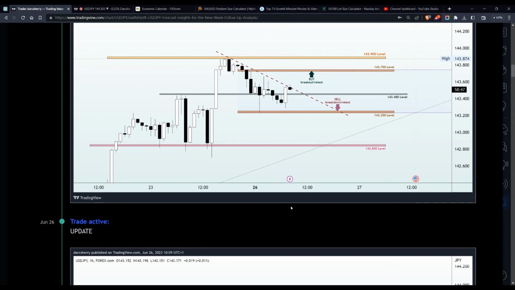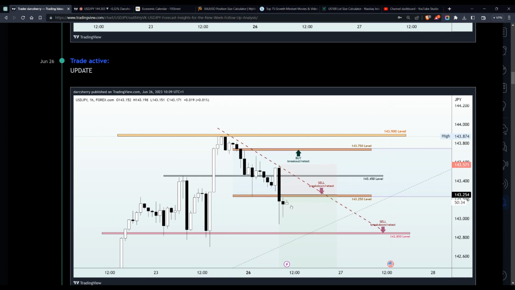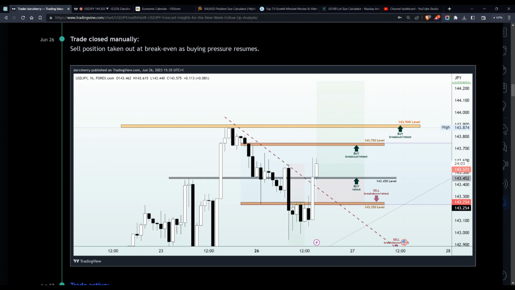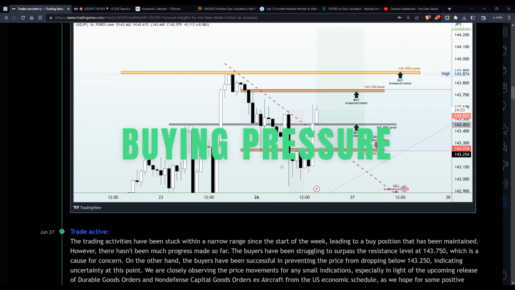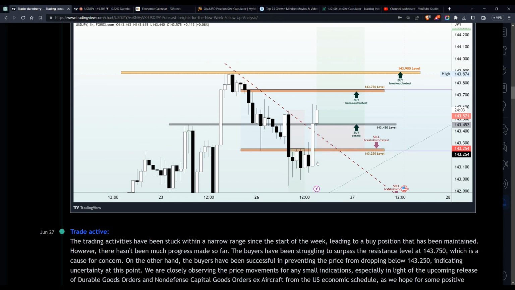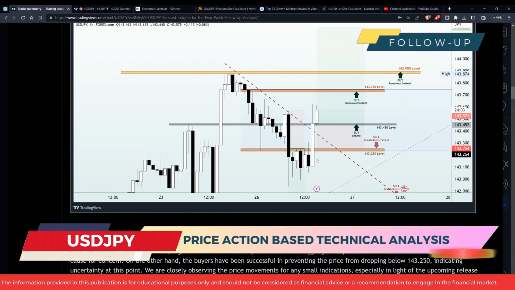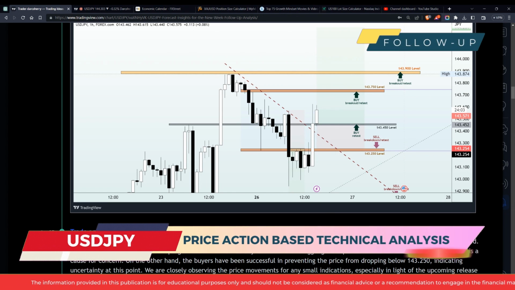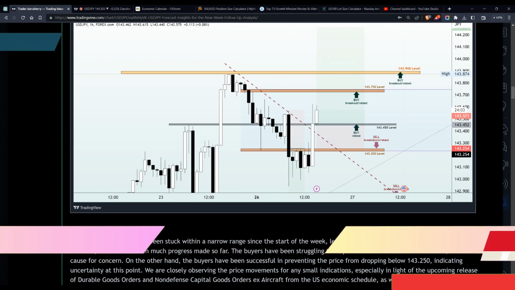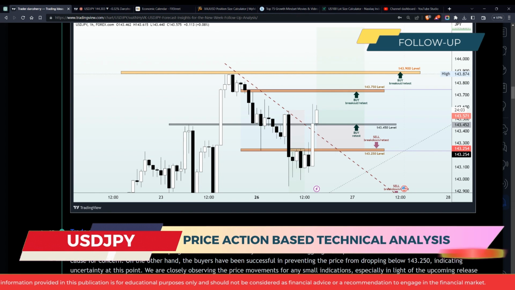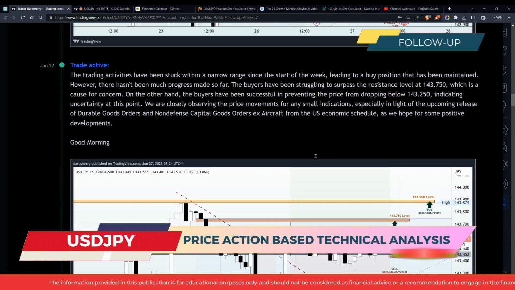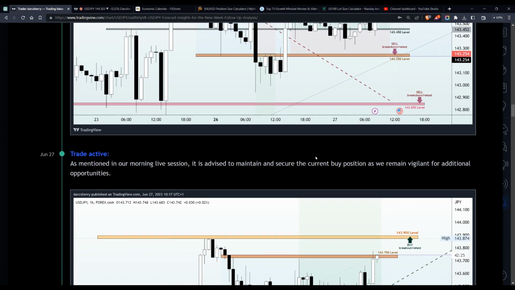And we took advantage of some sell positions which never lasted long before we began to see the appearance of buy pressure around the 143.100 area, giving us an engulfing candle which broke out of that descending trend line to incite an opportunity to buy above the 143.450 level. And since then, we have been buying the USDJPY, taking advantage of more opportunities.